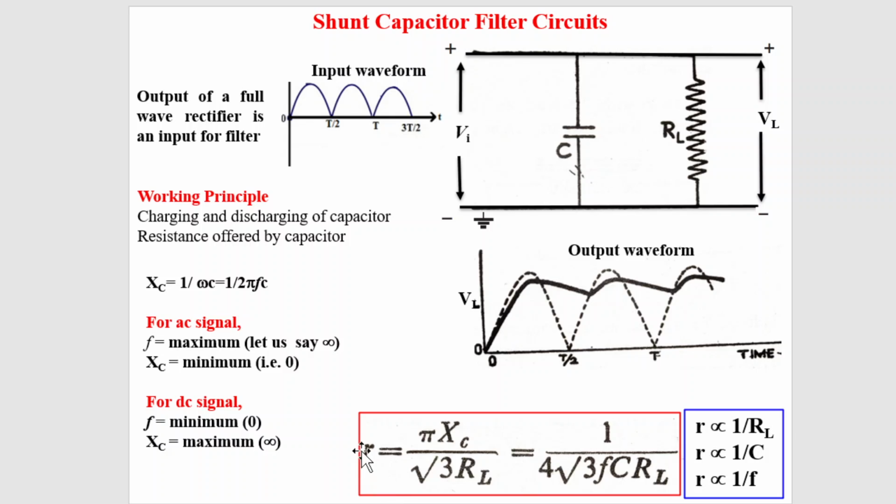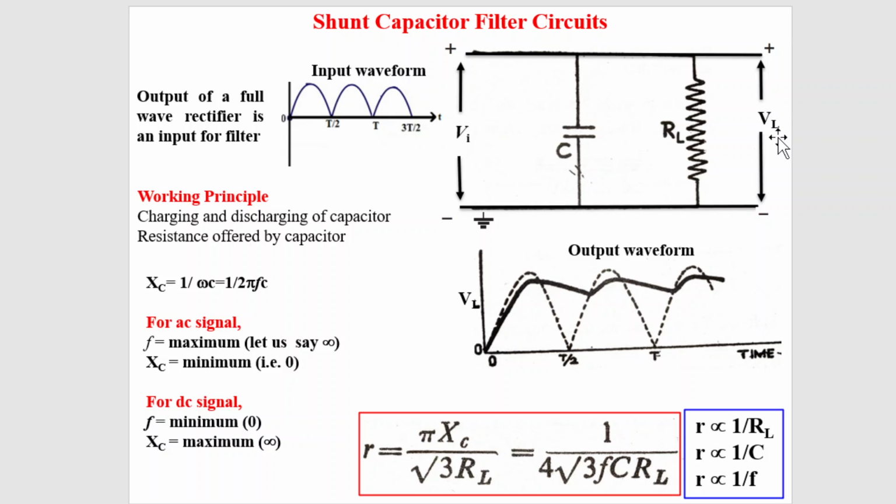So if you see, this ripple factor is inversely proportional to load resistance, inversely proportional to capacitance, and inversely proportional to the frequency. What we want from a filter is a minimum ripple factor.